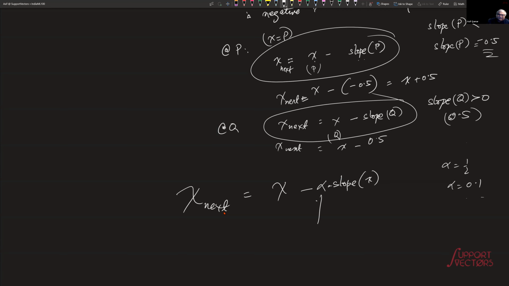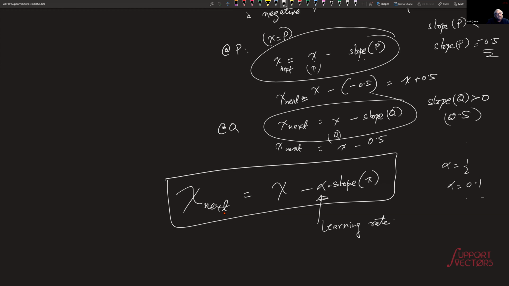In machine learning, this is a very important term. It is called the learning rate. It controls the speed at which you are going home, how big a step you are taking towards home. And this is a famous equation and the heart of machine learning.